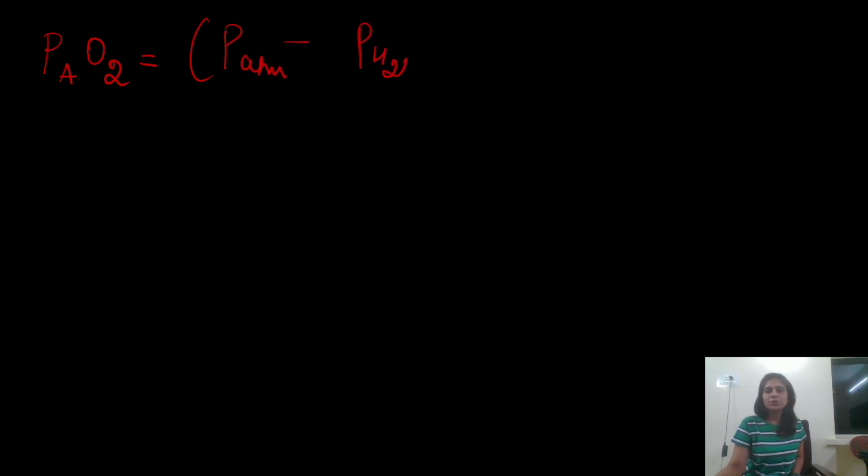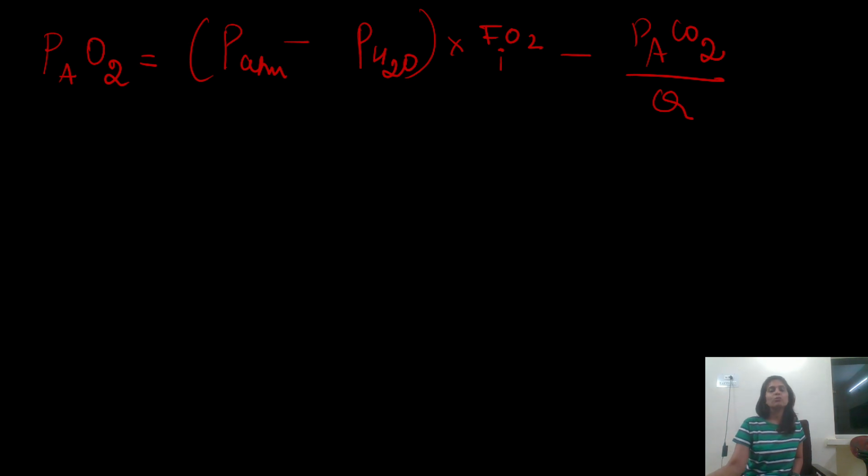So what is the alveolar gas equation? Alveolar partial pressure of oxygen is equal to total atmospheric pressure minus partial pressure of water vapor into fraction of oxygen in the inspired air minus alveolar partial pressure of carbon dioxide by respiratory quotient. Okay. So this is the alveolar gas equation.